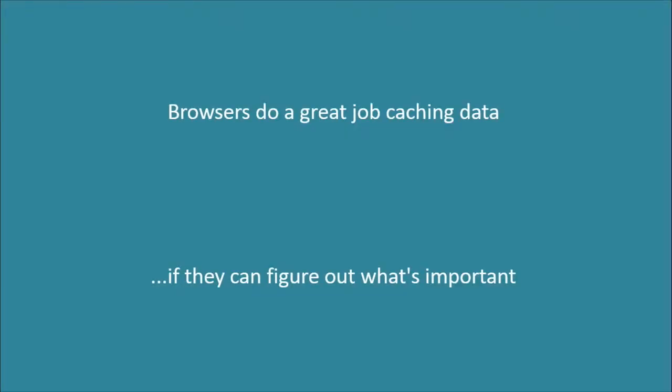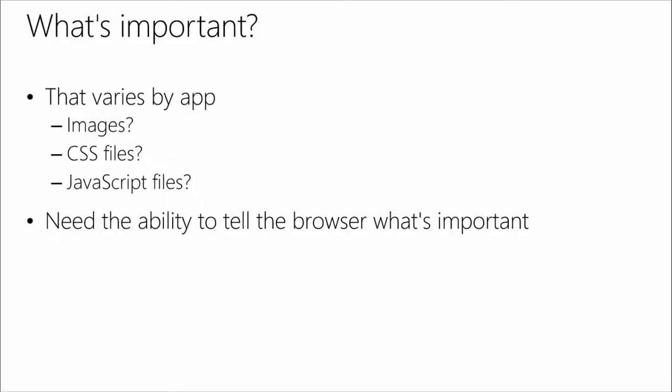Browsers do a good job, but the problem is they don't always know what is important. Just because a file is big doesn't necessarily mean it's important. Just because a file is accessed an awful lot doesn't necessarily mean that it's important. What's important? Well, it's going to vary. It depends on what you're doing.